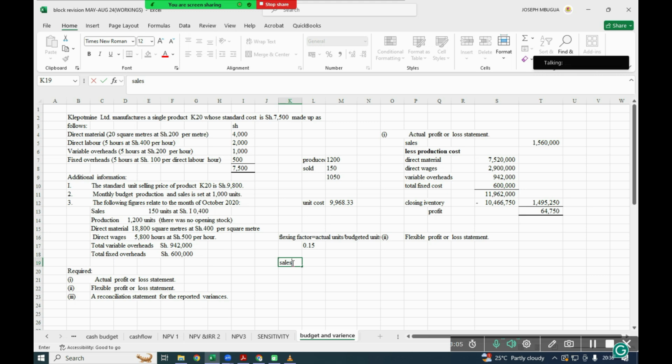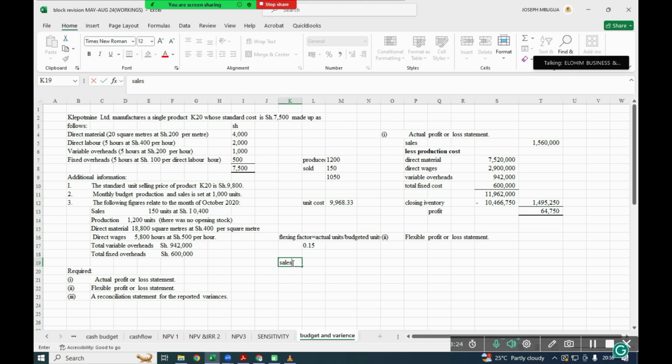Mwalimu, you know what has confused us most? In the equation we have the actual sales units and the actual production units. And all along, we've been knowing that we use the actual produced units divided by the budgeted units.